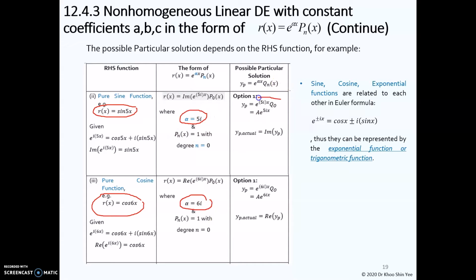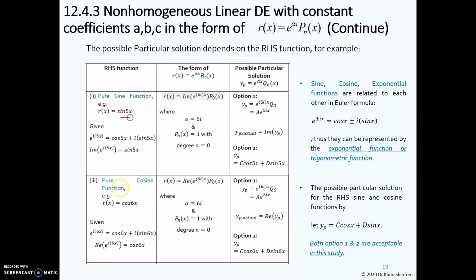With that, you obtain the exponential in the imaginary number like this. Based on the Euler formula, sin x is located at the imaginary part. Therefore, you need to find the imaginary part of your yp solution. Cos x is located at the real part. Therefore, you need to find the real part of the yp to obtain the actual solution.